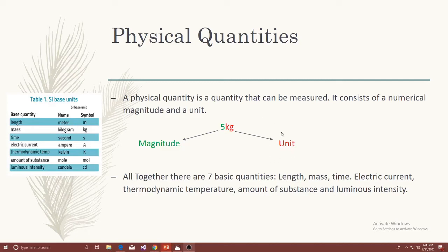Altogether there are 7 basic quantities: length, mass, time, electric current, thermodynamic temperature, amount of substance and luminous intensity.